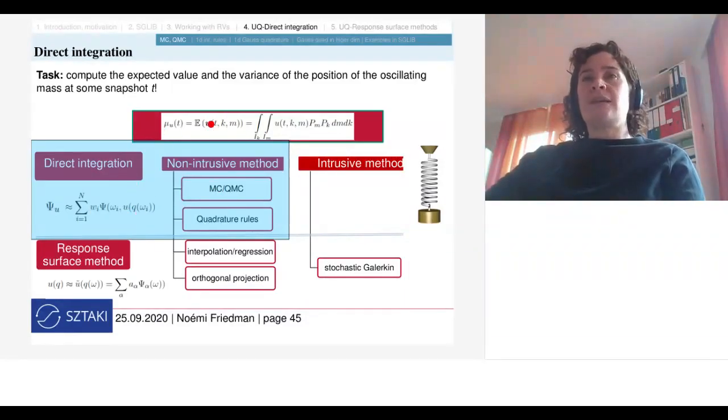You can do the same thing if you want the variance: you square this and subtract the mean value, and you can also evaluate that. So this is by the Monte Carlo method. Now I will show you, with just one slide, the difference between Monte Carlo and quasi-Monte Carlo method, and then I will go to the quadrature rules.